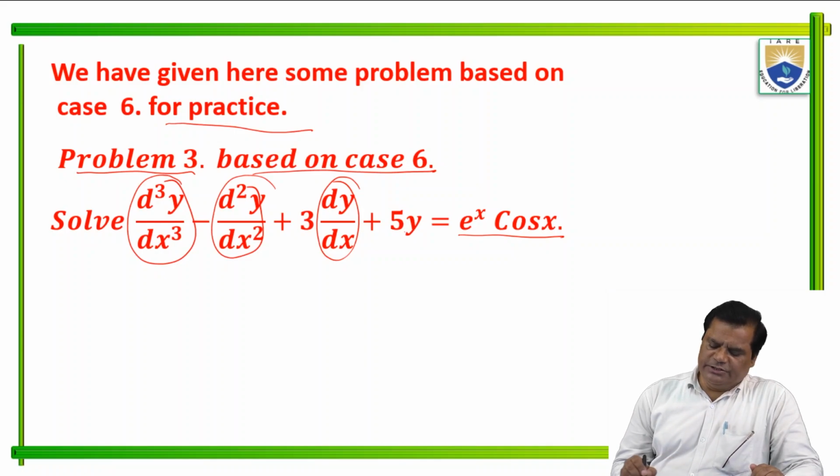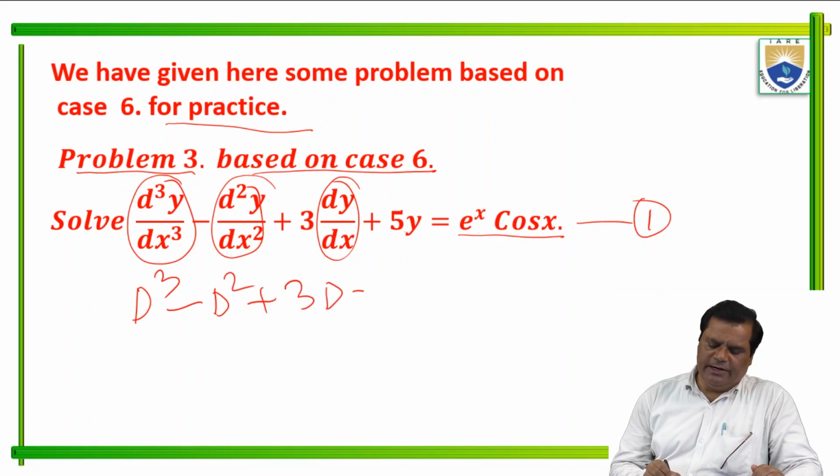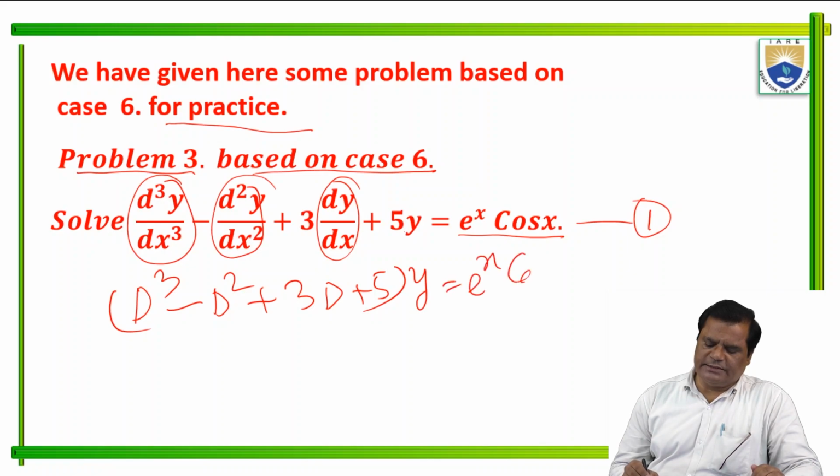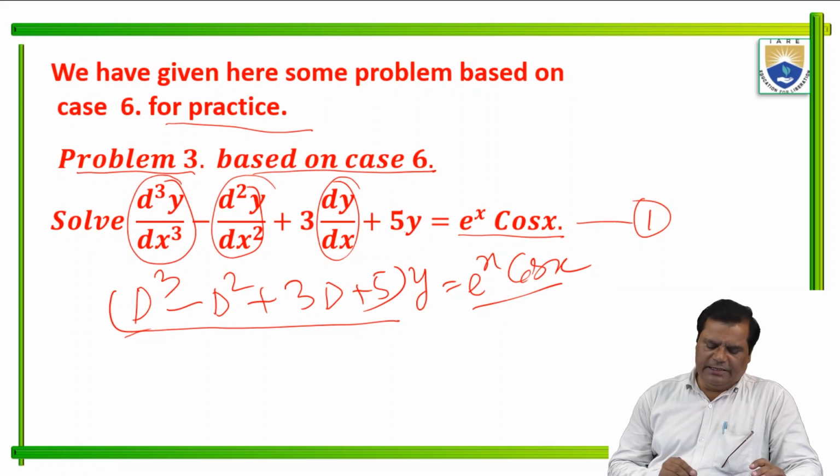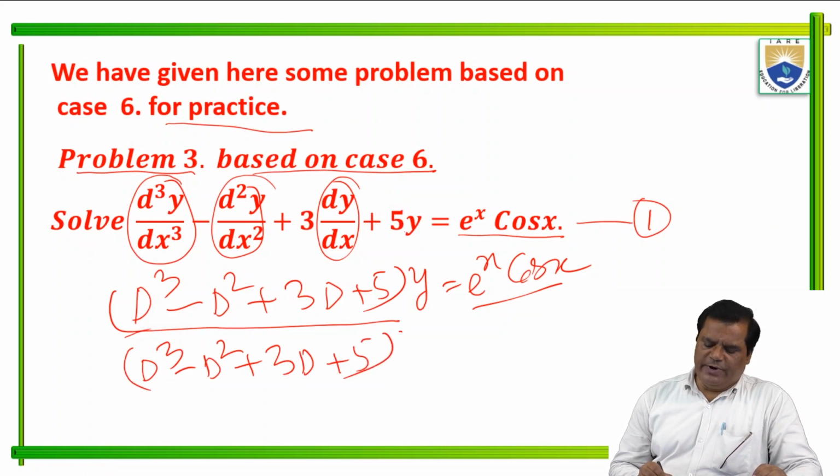You can write (D cube minus D square plus 3D plus 5) into y equal to e to the power x cos x. First of all, take this result taking Q as 0. (D cube minus D square plus 3D plus 5) into y is equal to 0.